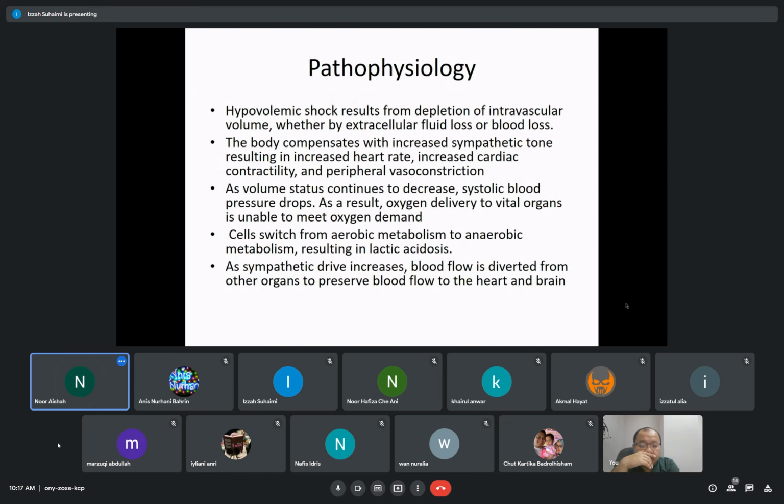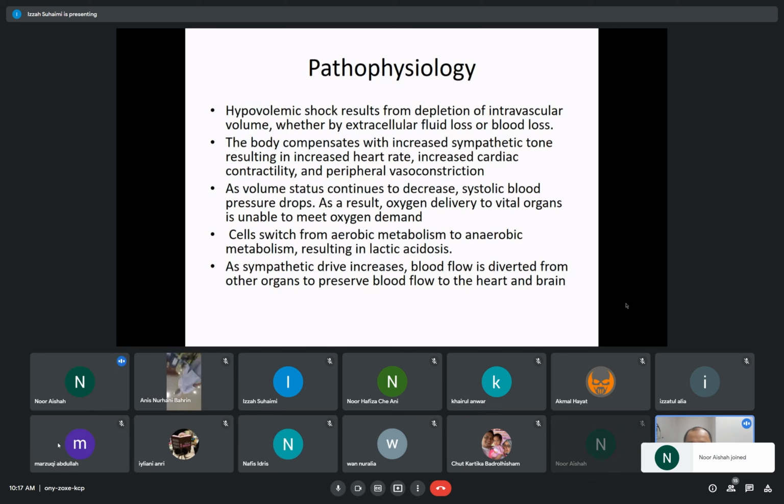Okey ke doktor? Okey, suara tak? Sekarang okey. Dia kejap-kejap macam putus-putus.